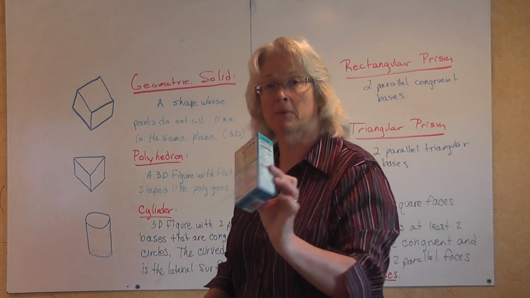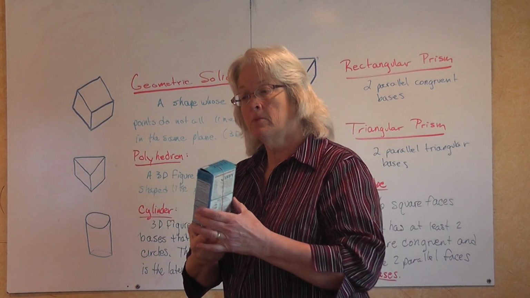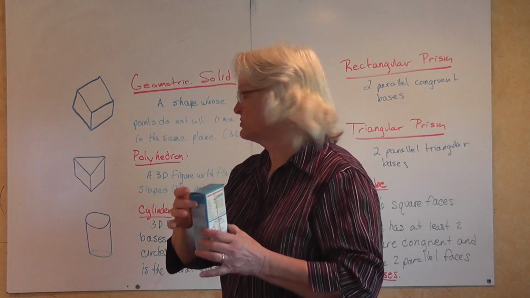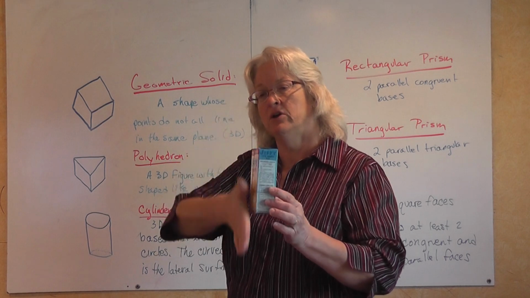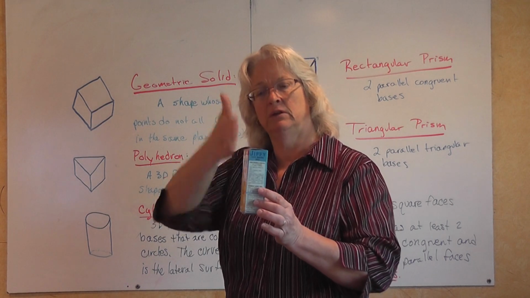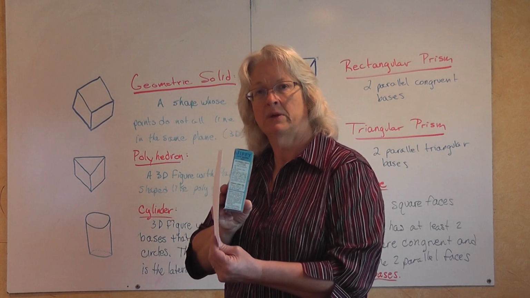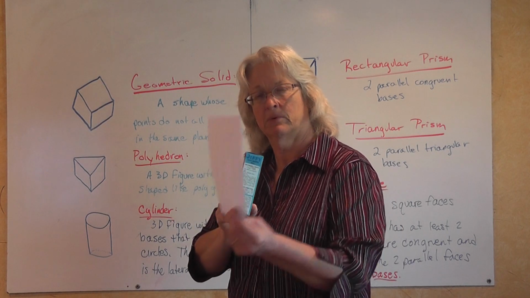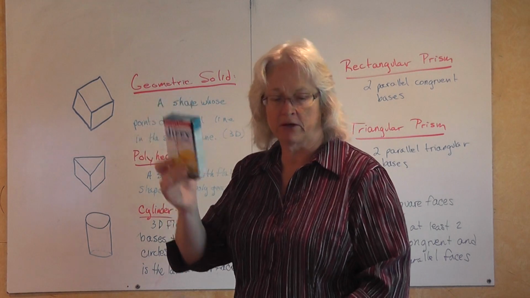So that's what makes my rectangular box here a geometric solid, because the points are not all in the same plane. You can shave off an infinite number of straight pieces here. So two-dimensional, three-dimensional. This is a geometric solid.